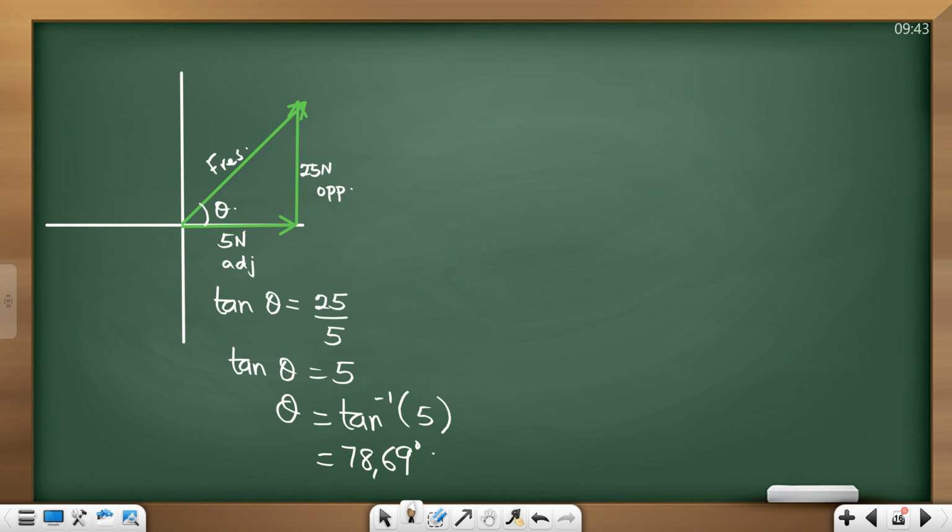What was our resultant force again? Root of 650, I think. Yes, which was 25,50. We did this earlier on, right? So my F resultant would then be written as this. Check how I write mine.